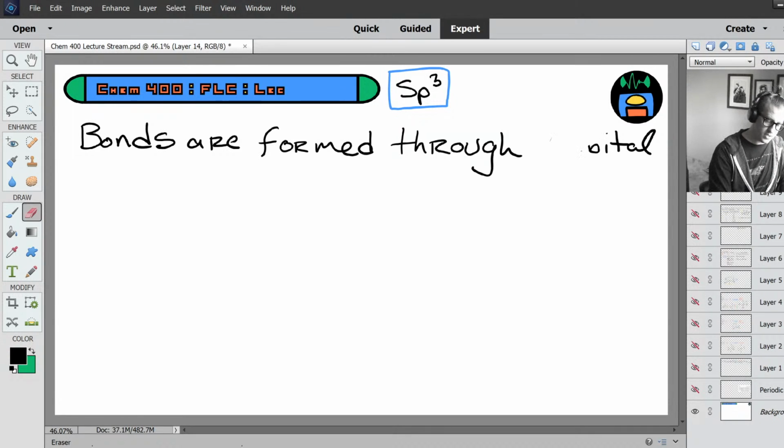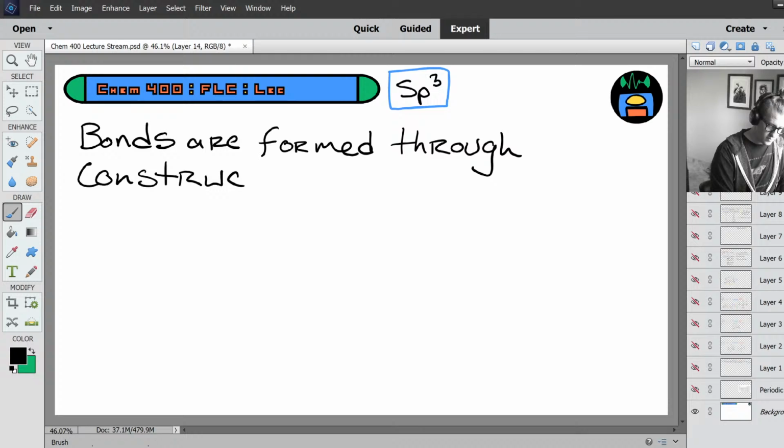I should say that bonds are formed through what's known as constructive orbital overlap.